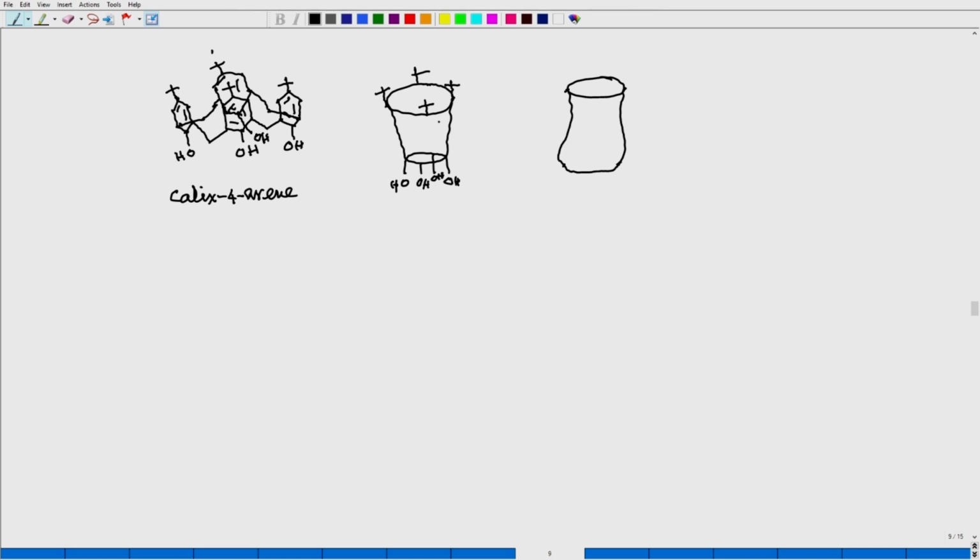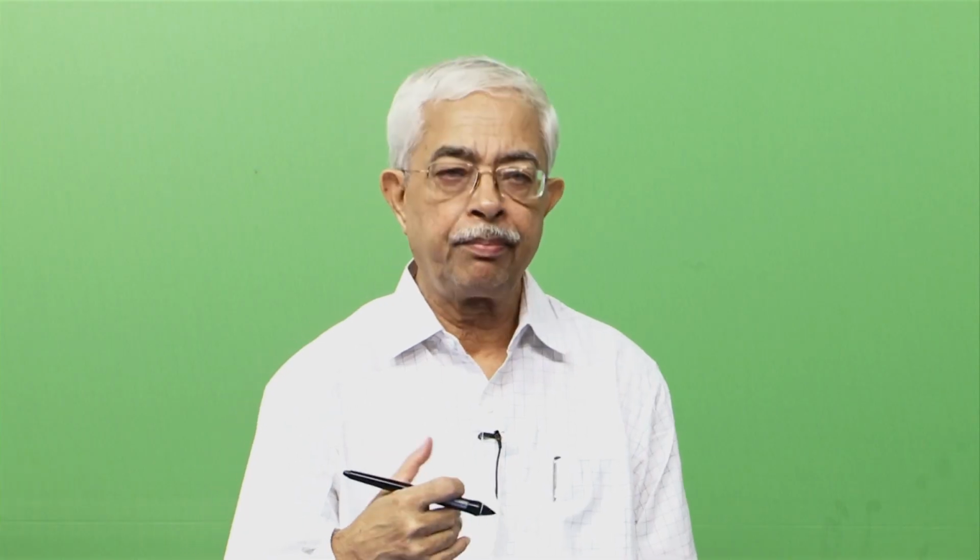So, there is a similarity in this structure, and this description of non-planar structure is very true for calix 4 arene and calix 5 arene. And I must tell you that calixarene is an important milestone in the development of supramolecular chemistry, and this caught the imagination of chemists, as soon as its non-planar structure was elucidated.